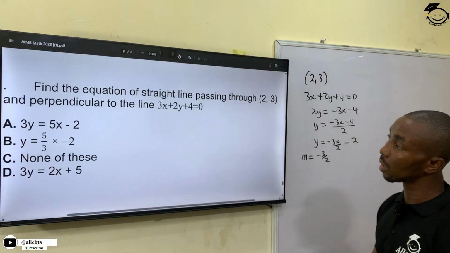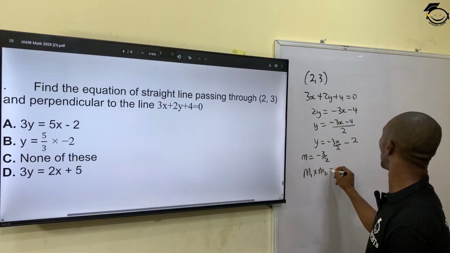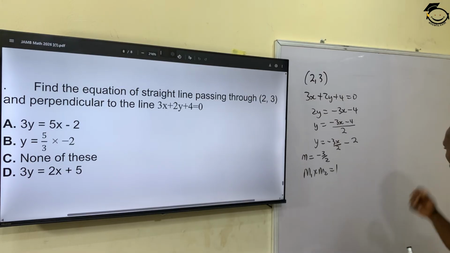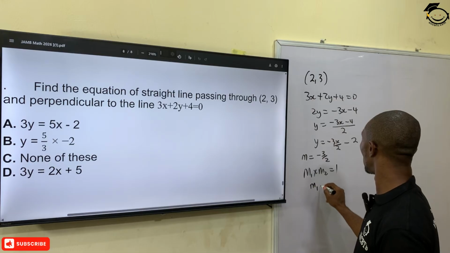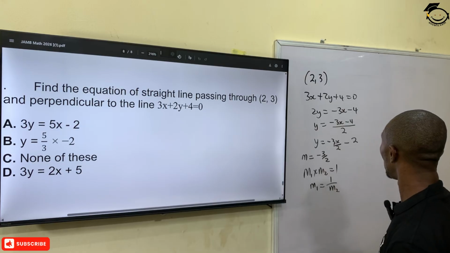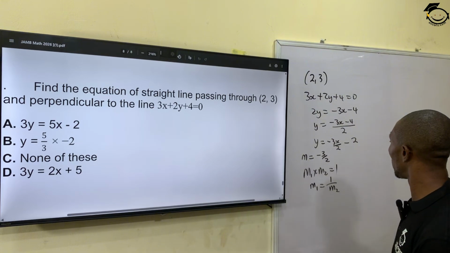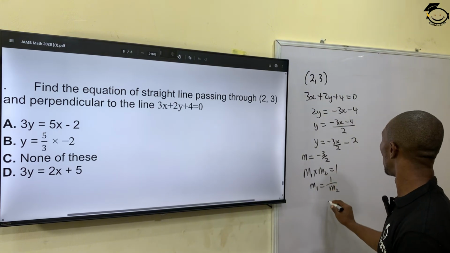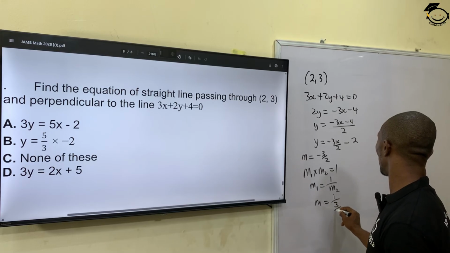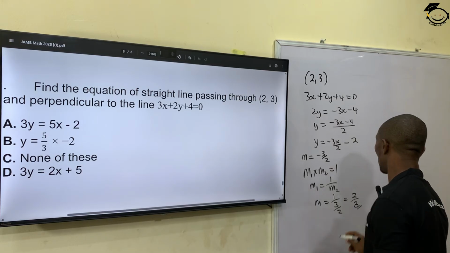All right, now since they said the lines are perpendicular, it will become m1 times m2 equals minus 1. Now from here, we would know that our m1 equals minus 1 over m2. So our m2 will be our gradient, which will become m equals 1 over 3 over 2, which will give us 2 over 3.